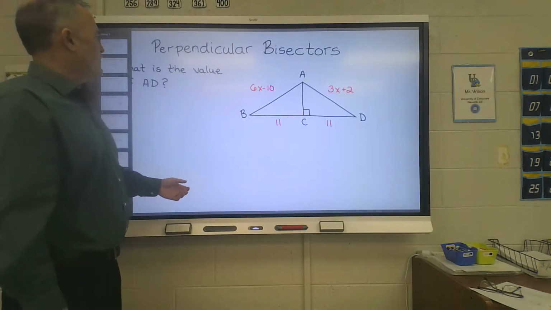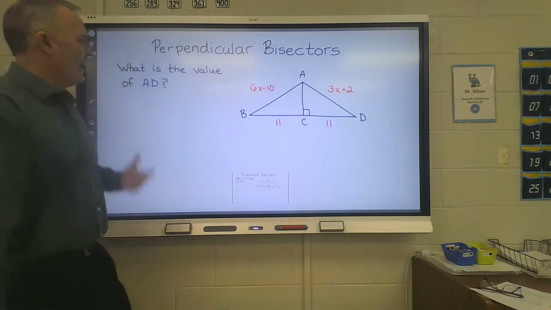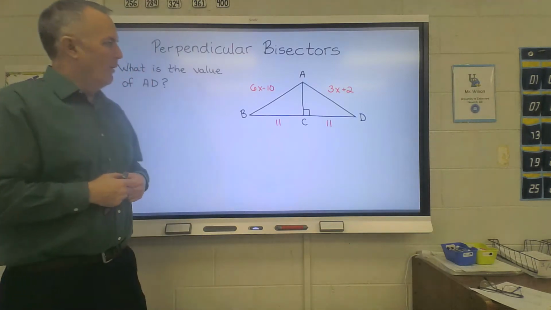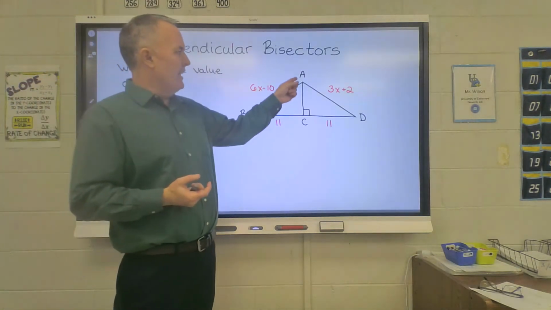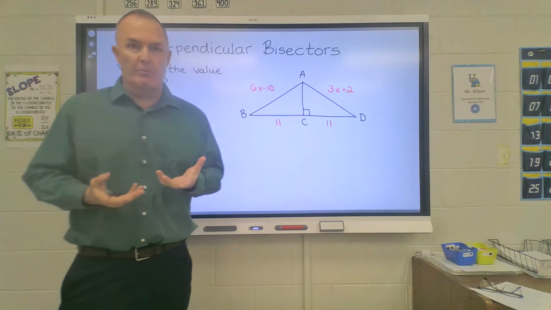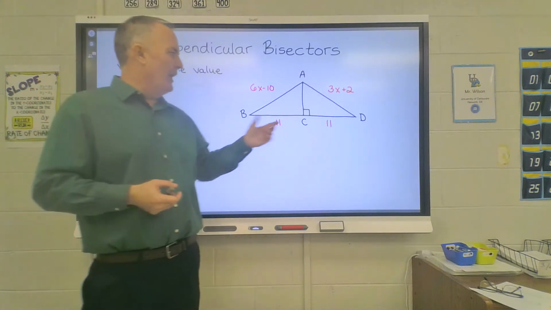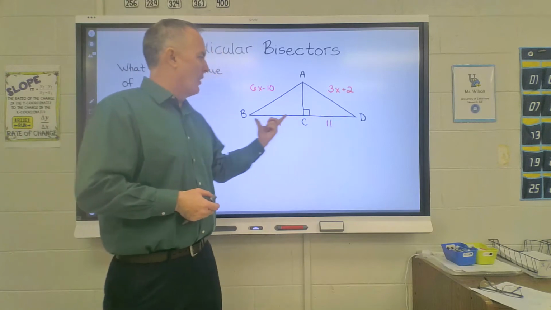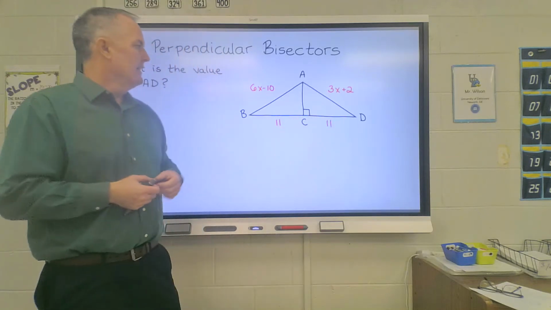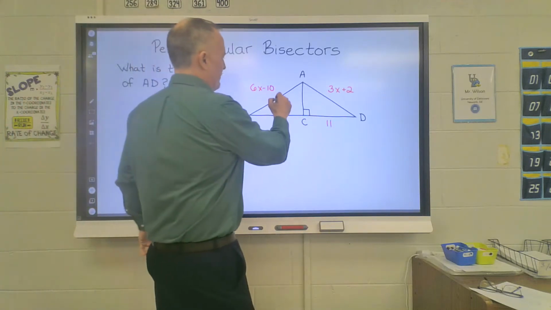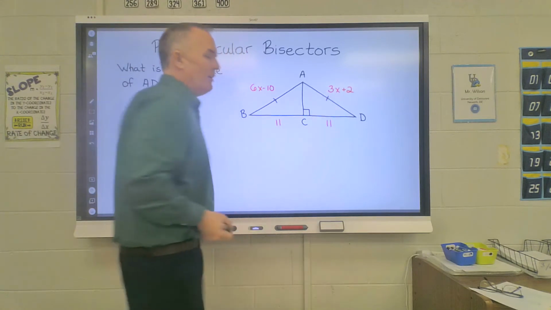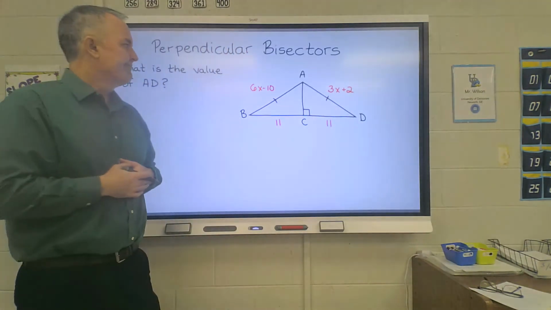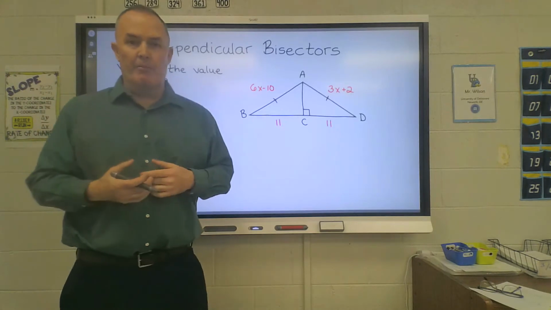Okay, so in your notes, we have to find the value of AD. Well, by definition, this line right here, AC, is a perpendicular bisector. We know that because it's 90 degrees, and both segments on the bottom are congruent. They're equidistant. So that means these two segments up here would also be equidistant because of the perpendicular bisector theorem.